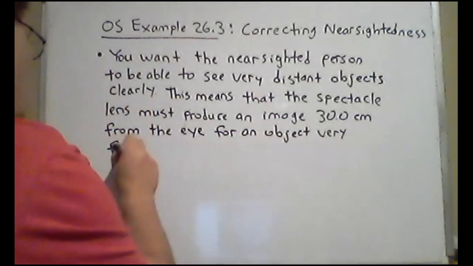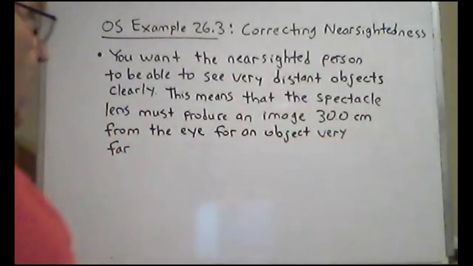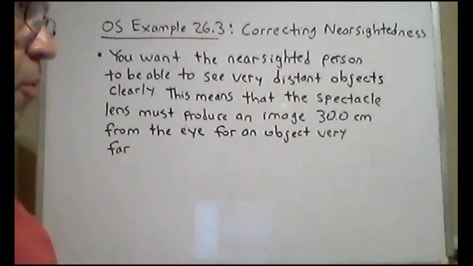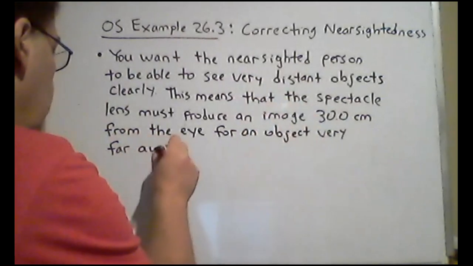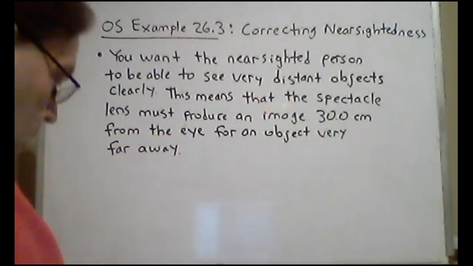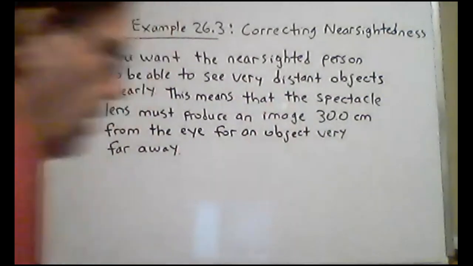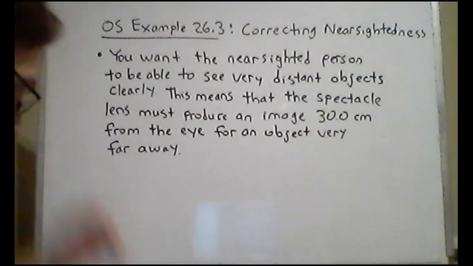So you're trying to take something that's supposed to be very far away, like infinity, and put that image at 30 centimeters, which is the far point of your patient. That's the name of the game. You're trying to move what should be that distant object's image to where the far point of your patient is. And that's what your corrective lens should do.